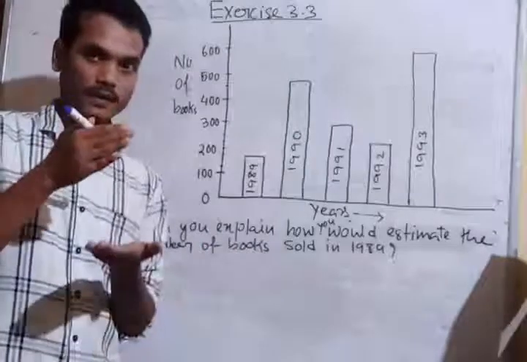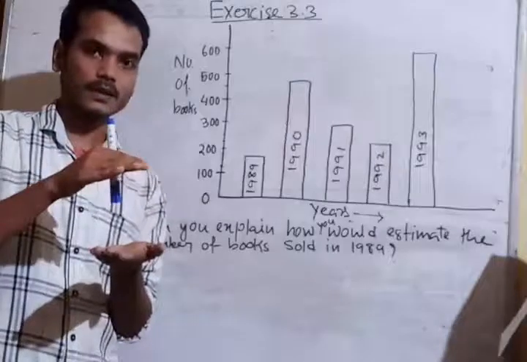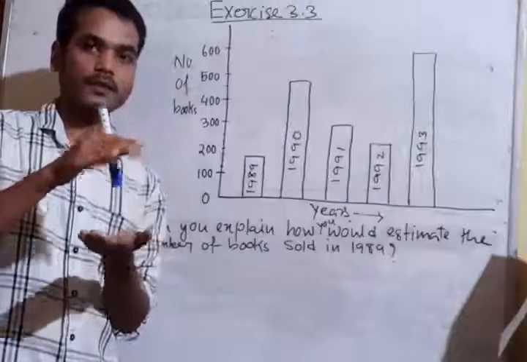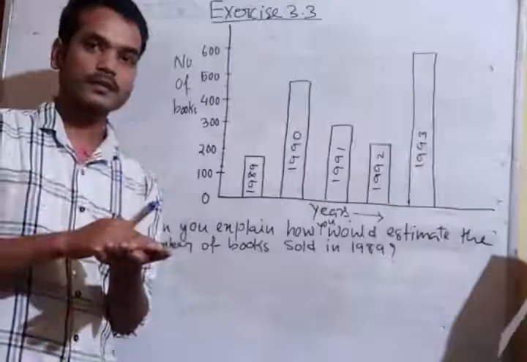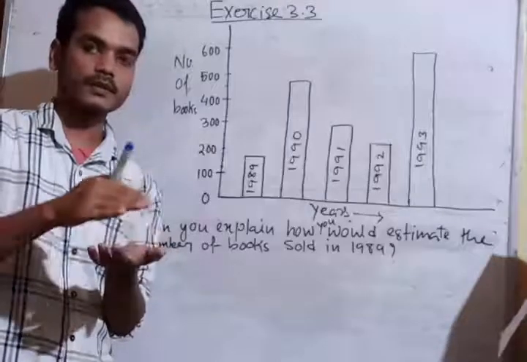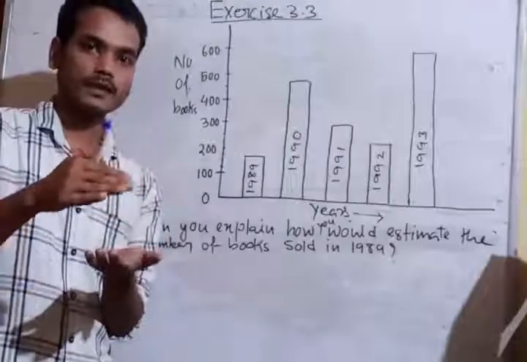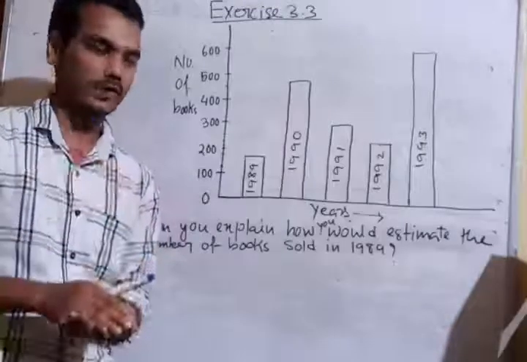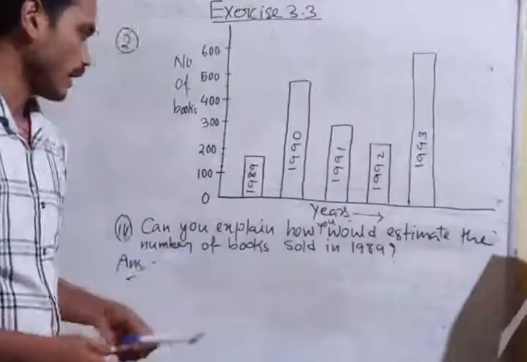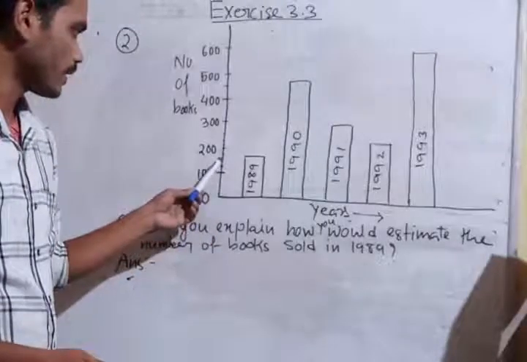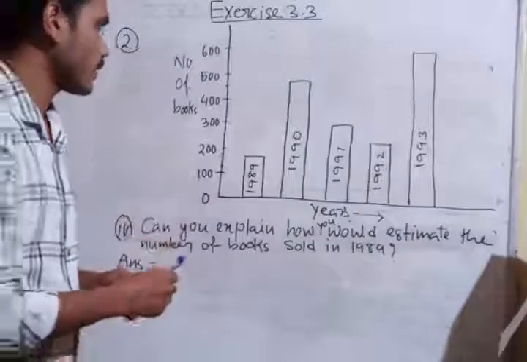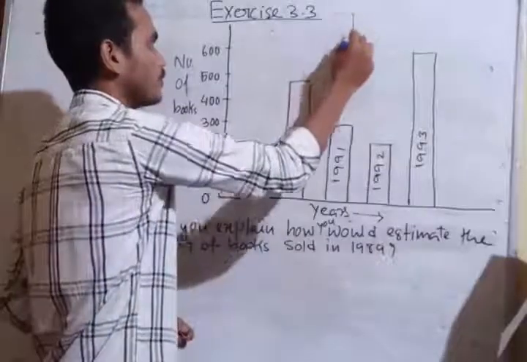Means in 1 centimeter we have divided into 4 bars. So if it is in the first, then this is 1, after that 25, 50, then another 25, then the next one. So in 1989 you can see up to this 1 is there, after that another one, in another one three parts are there out of 4.